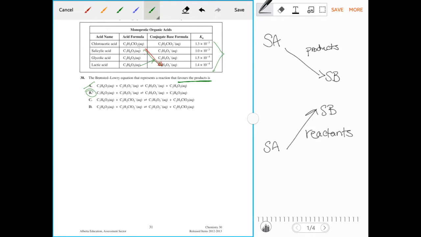When we look at C7H6O3 reacting with this one, again that arrow is up and to the right, so that's not an answer. And then C2H4O3 reacting again with that chloroacetic acid conjugate base. So B is our best answer there.